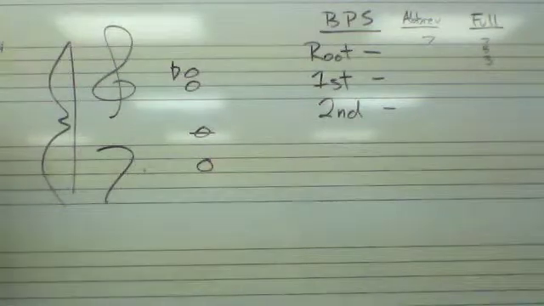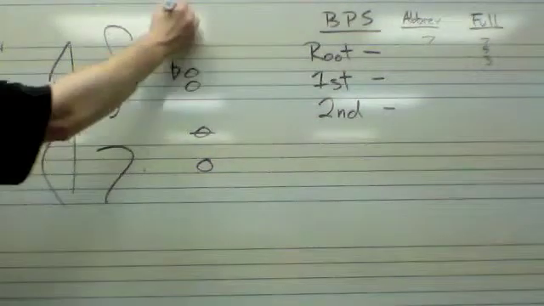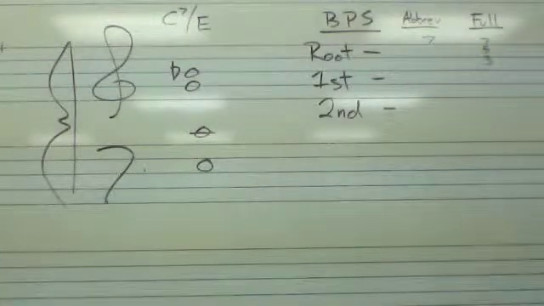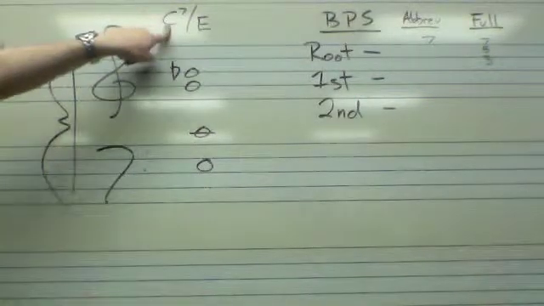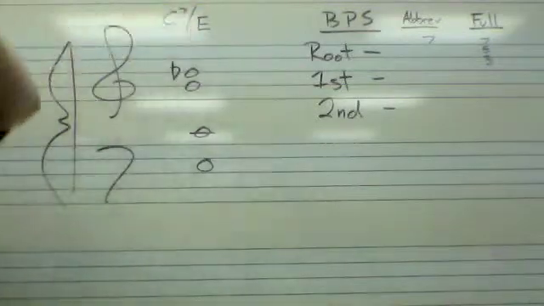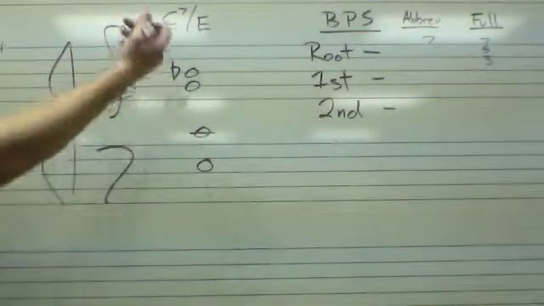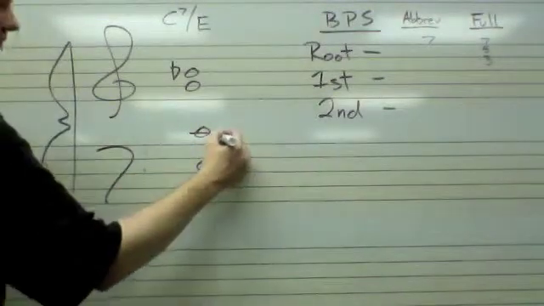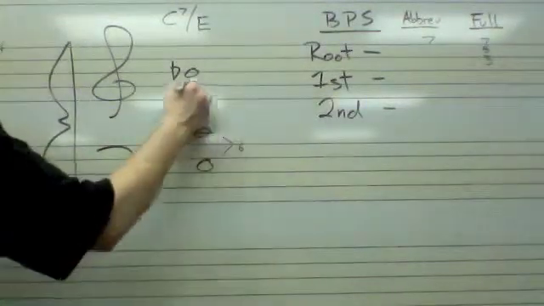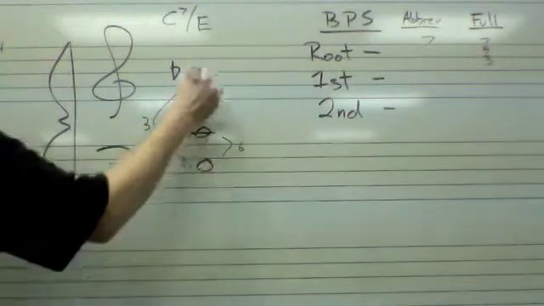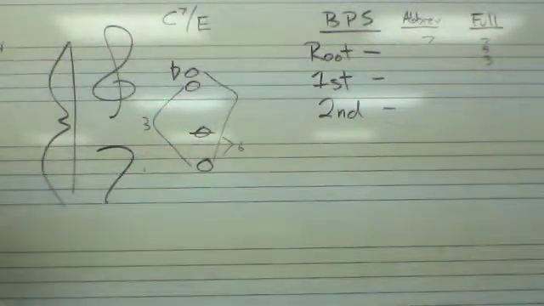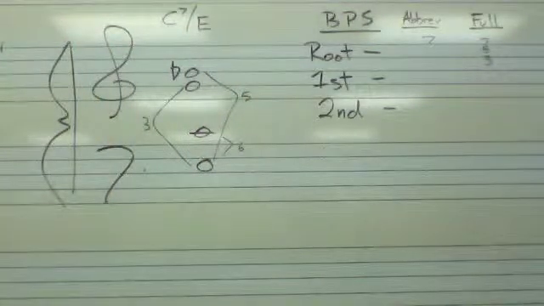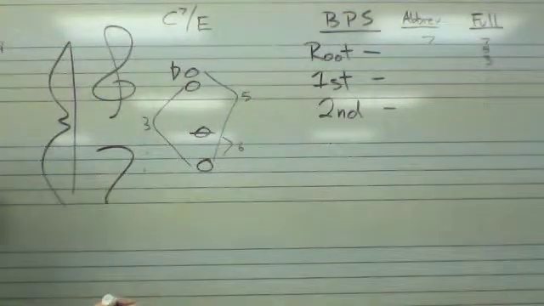E is the third in a C7 chord. The lead sheet symbol would be C7 over E. This is indicating the root, the quality, and the bass. That's what lead sheet symbols tell you. Now if we look at the intervals, we have a 6, we have a 3, and we have a 5. So different numbers than we had in the root position.